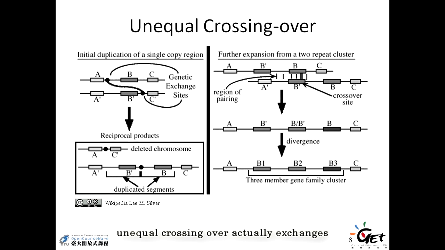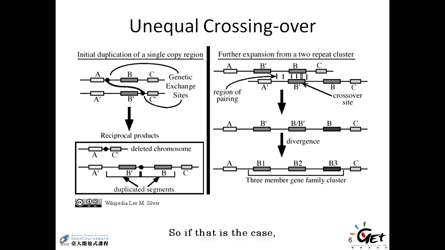But here, unequal crossing over actually exchanges the two DNA strands at a different site. So if you look at this slide, it indicates the two red dots, and that's the exchanging site. So you can see they are not aligned together, so they're at a different location based on their homology.